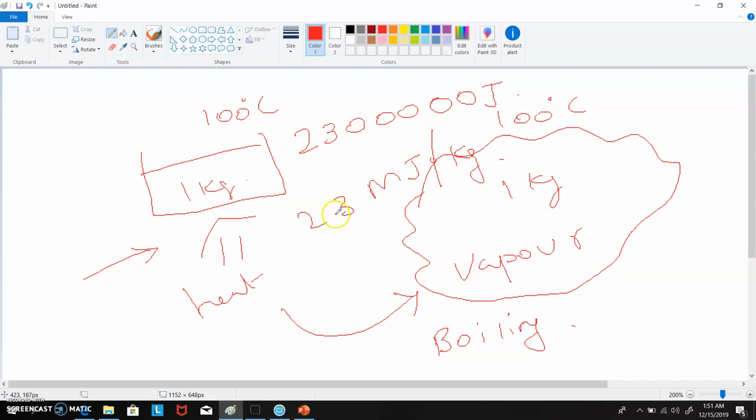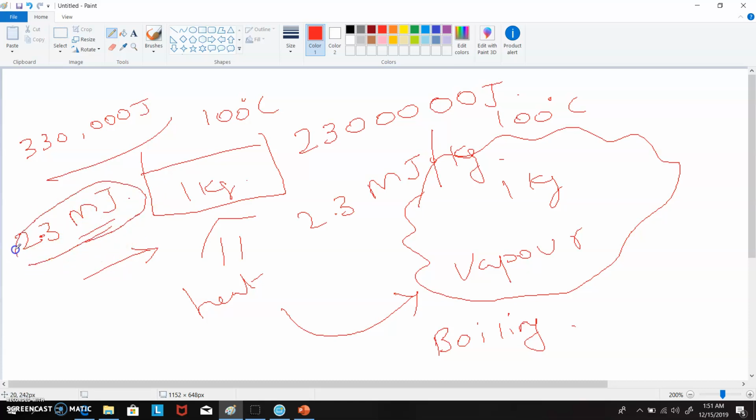We need 2.3 million joules of energy to change from water to vapor. How much did I tell for solid to liquid? 330,000 joules. Okay. Now how much is it? 2.3 million joules. Million means 6 zeros. So it's very high, very high.